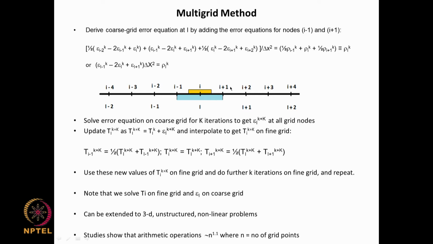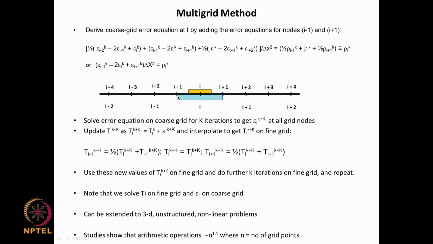So, you switch between the fine grid and the coarse grid. You solve the original equation involving the true variable T on the fine grid, and then you estimate the error, and then you solve the error equation with the prolongated residual on the coarse grid, and from the coarse grid you have the estimated error.